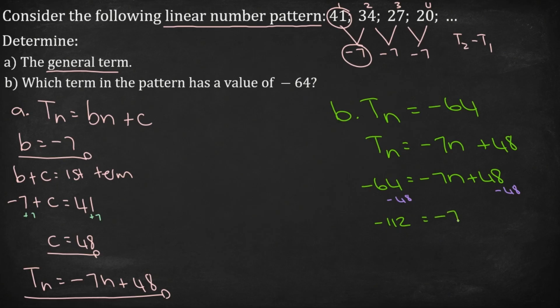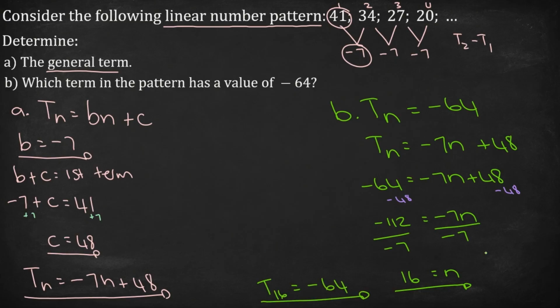And we still have -7n on this side. So n is still not on its own because it is multiplied by -7. So we need to divide by -7 on both sides. n equals negative divided by negative will give us a positive, and 112 divided by 7 is 16. So that means that the 16th term in this pattern has a value of -64. So you can, if you want to, write T16 equals -64. And that is your final answer for part B.